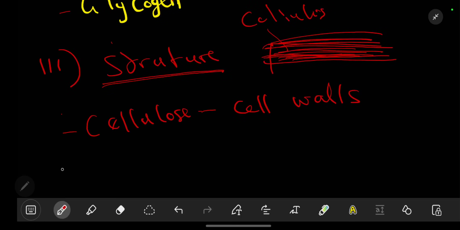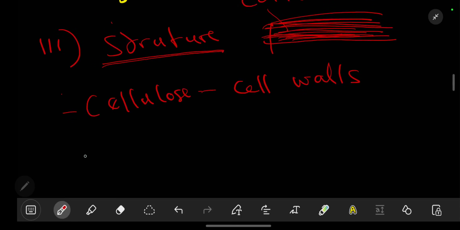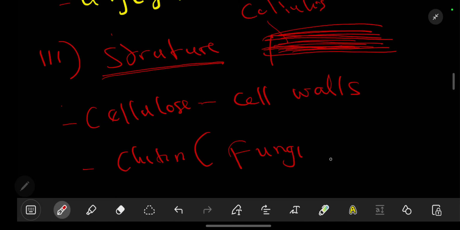The other structural form of carbohydrates that we might talk about is chitin. Chitin is something that helps make the cell wall of fungi.